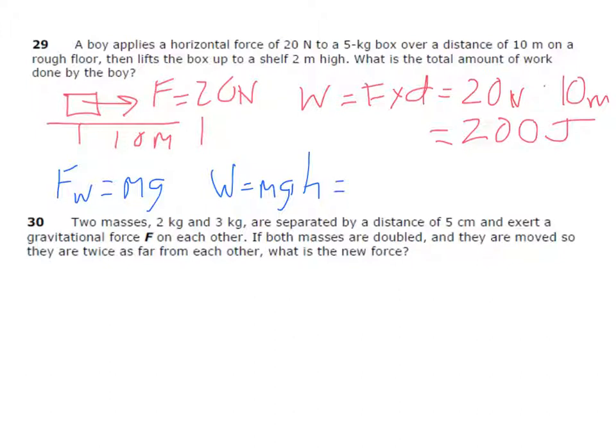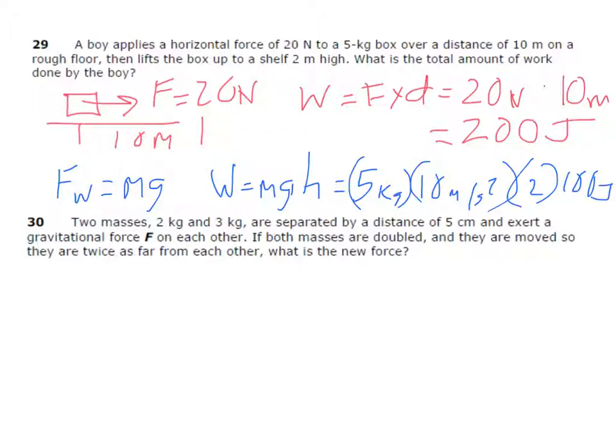So it's equal to the mass of the box, which is 5 kilograms, times 10 meters per second squared, times 2 meters. And if we look at all of this, 5 times 10 times 2, we get 100 joules of work. We add those two together, and we get 300 joules. That's 200 plus 100 equals 300 joules of work done total.